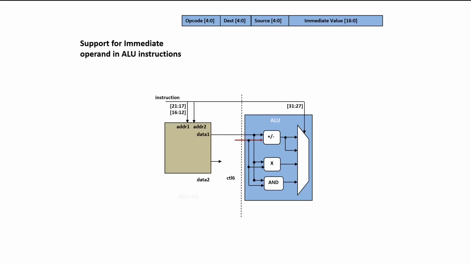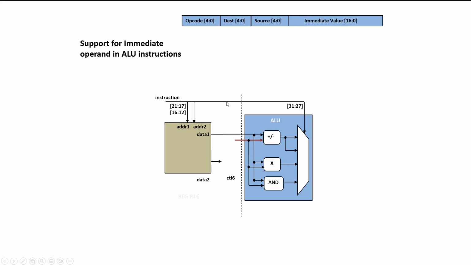In addition to that, it's very useful at times to have immediate values. For example, instead of adding register 1 and register 2, we can add a register to a constant value that can be supplied in the instruction.